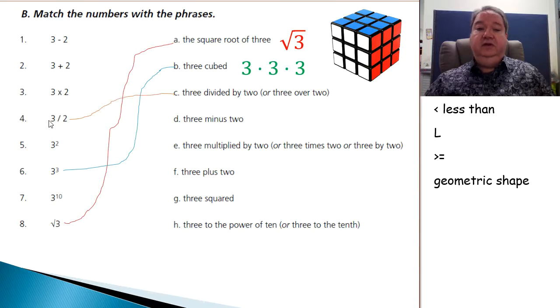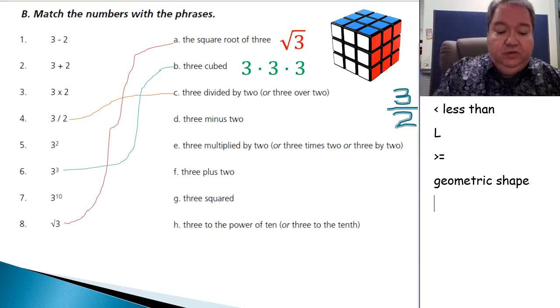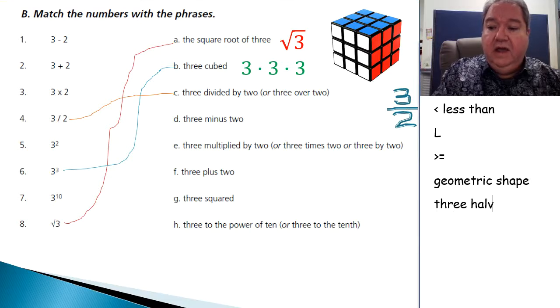3 divided by 2. Or 3 over 2. If we write it like this, I probably wouldn't say 3 over 2, but if you write it like this, you have a 2, and then a 3 over that, 3 over 2, or 3 divided by 2. Or 3 halves.